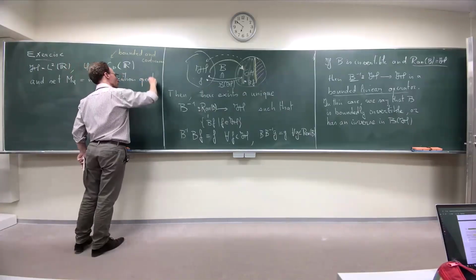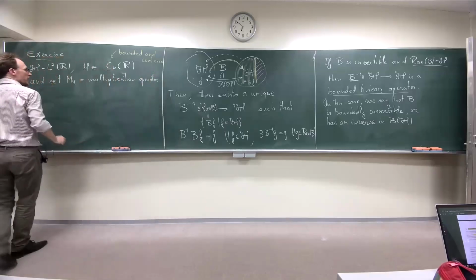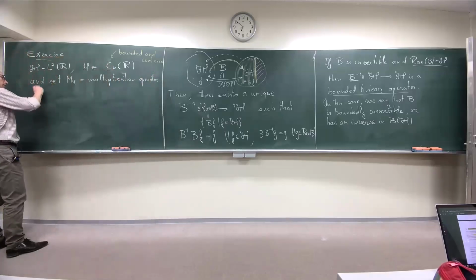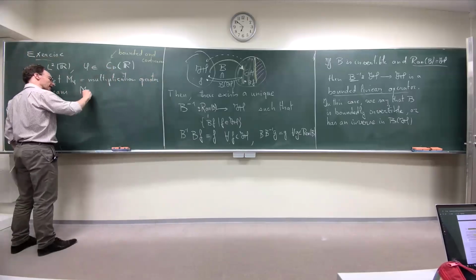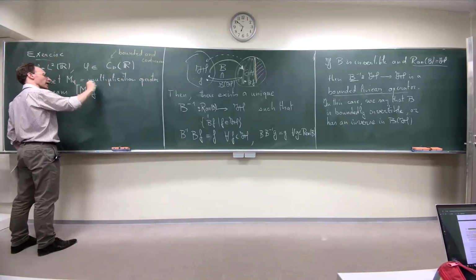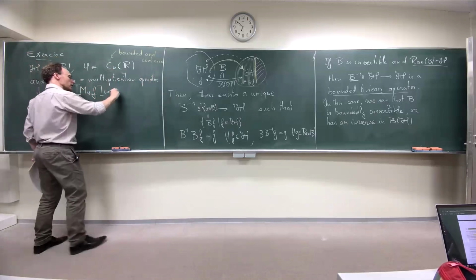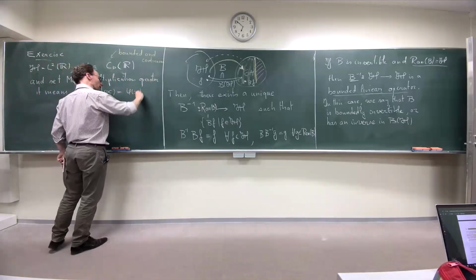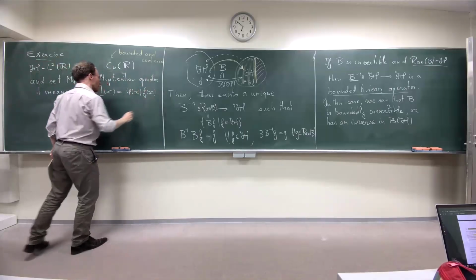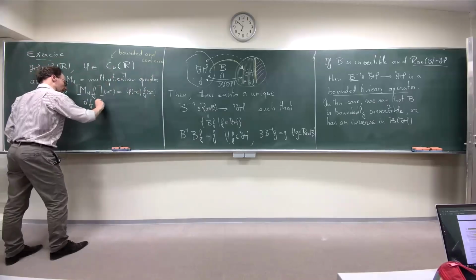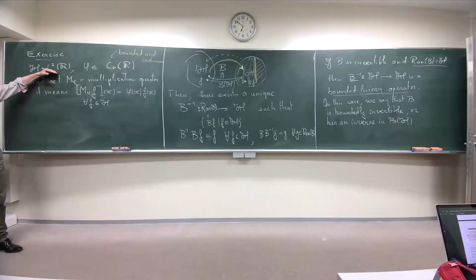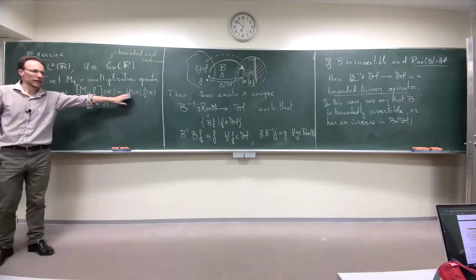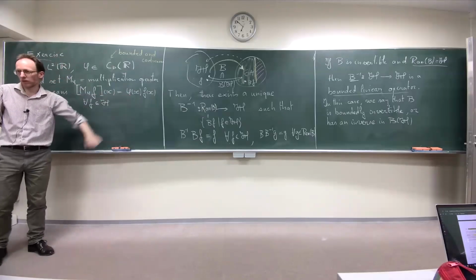There are many notations for the multiplication operator. It means M index phi on f evaluated at x is just the multiplication of phi of x and f of x, for any f in H. So remember, it takes a function f here, and you multiply it by something else, by another function.